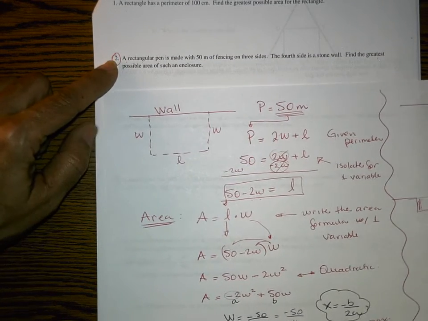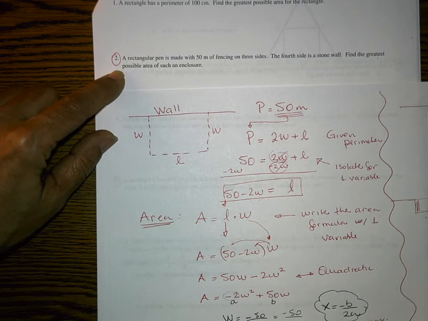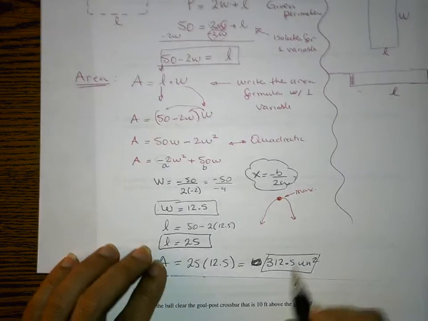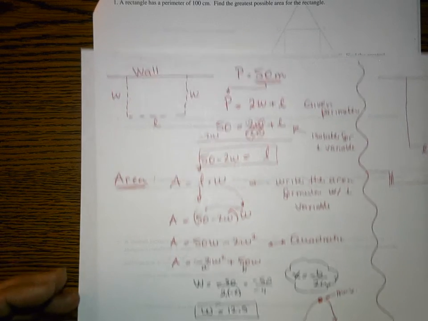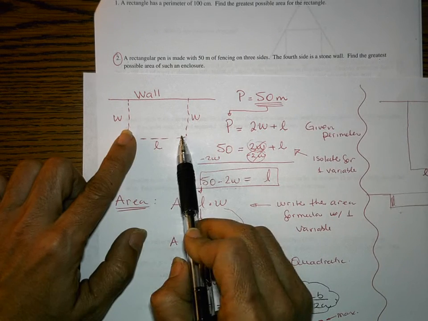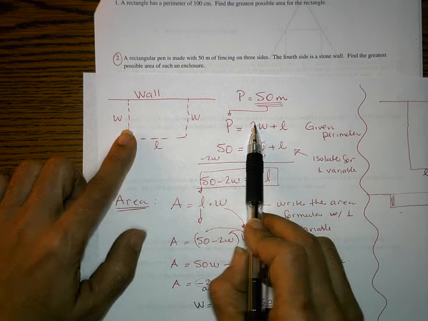So that is for our number 2, find the greatest possible area of such an enclosure. That would be the greatest area right here, okay? And that is the final answer, and that is how you work it. I know this is a lot of work. You have to start with the information of your perimeter. And then you have to write the perimeter based on what you have here.